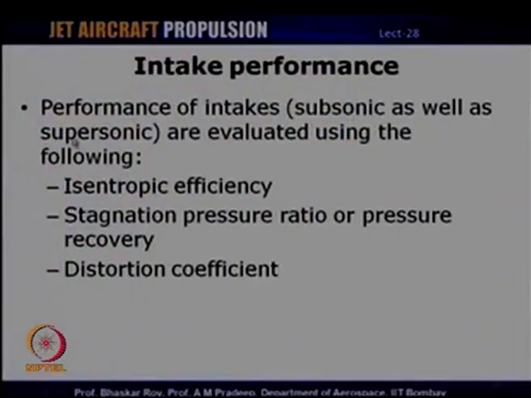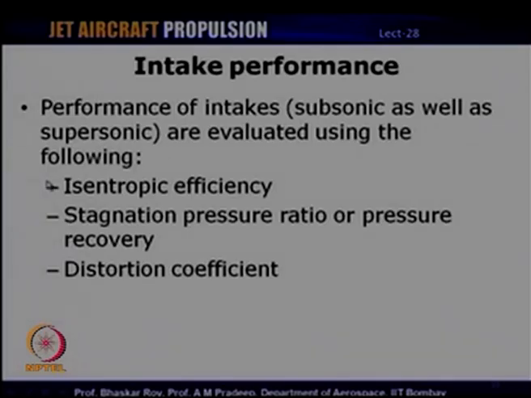Efficiency is one of the parameters using which one can evaluate the performance of intakes, but there are other parameters as well, like pressure ratio and distortion. These performance parameters are valid for both subsonic as well as supersonic intakes.